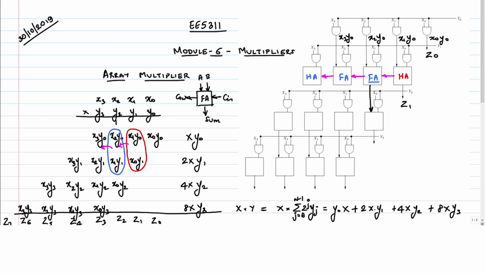So, therefore, it will not affect this Z2 which is the coefficient of 2 power 2. Okay, so maybe, see the carry might be 0, which is fine. But if the carry is 1, then it has to go to the next one, right? Functionally, this is fine. It turns out it's a different thing that timing wise it may not be very efficient.